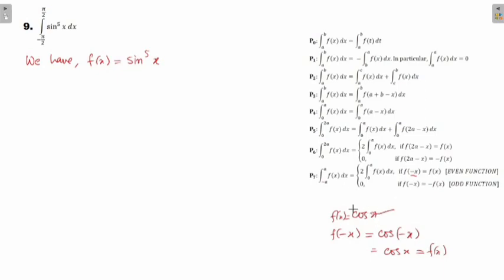Next is the odd function. If you substitute minus x in place of x and in return you get minus f(x), that kind of function is known as an odd function.